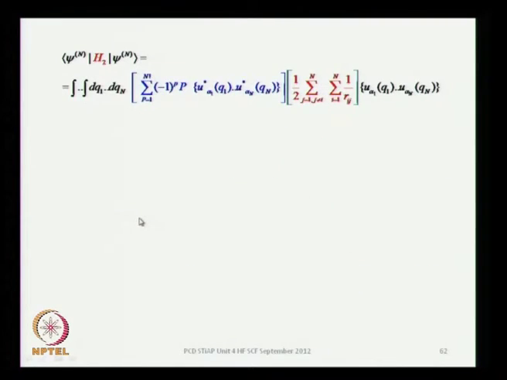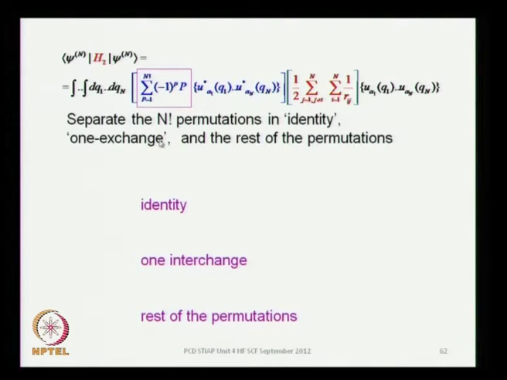and then the next thing we will do is handle these factorial n permutations by separating the term for the identity permutation, then one interchange, and then the remaining factorial n minus 2 terms. So, in the factorial n permutations you include the identity, then there is one interchange, and then more than one interchange.